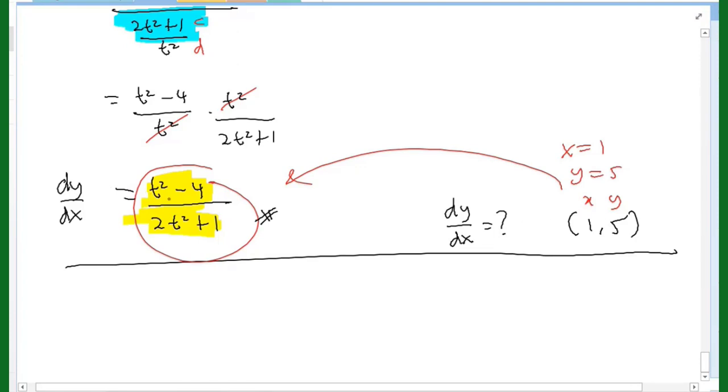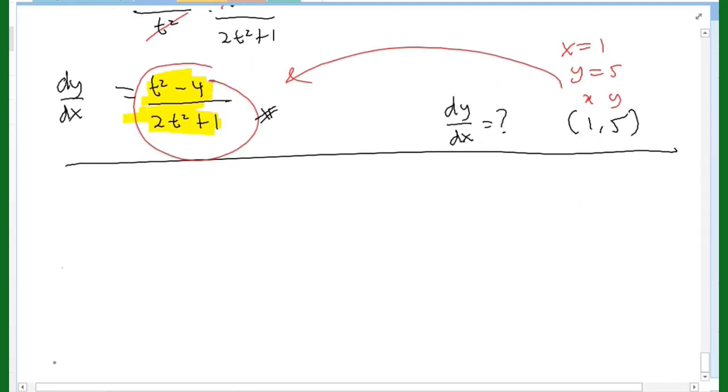We need to find value for t. Okay, so refer the initial equation given, expression tu atas tu, given x is equal to 2t minus 1 over t, y is equal to t plus 4 over t.